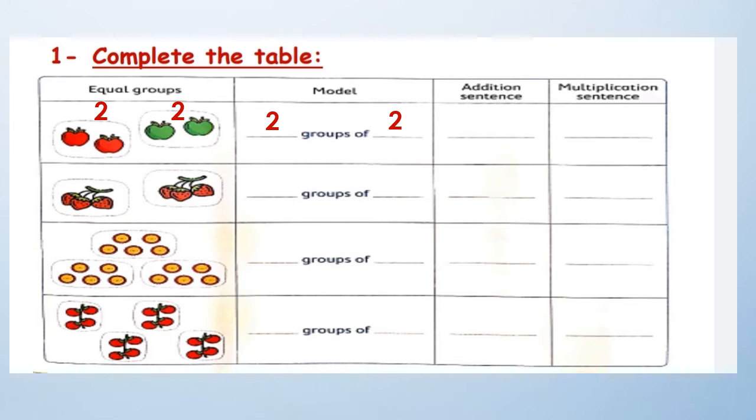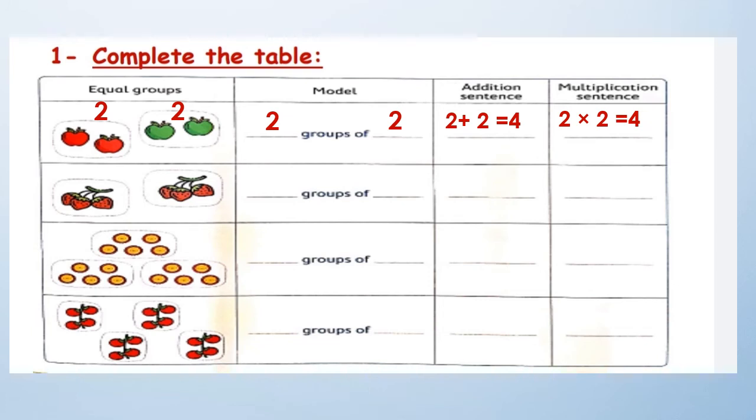Then I will write 2 plus 2. 2 plus 2 equals 4. And the multiplication sentence here, I can write it by finding the repeated number. The repeated number here is 2. 2 plus 2. Then I will write 2. And 2 is repeated 2 times. Then I will write 2 by 2. 2 by 2 equals 4.